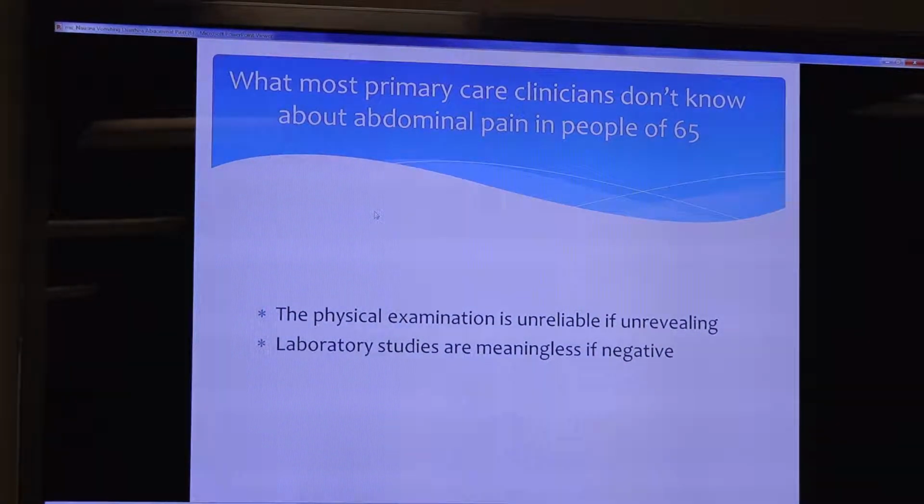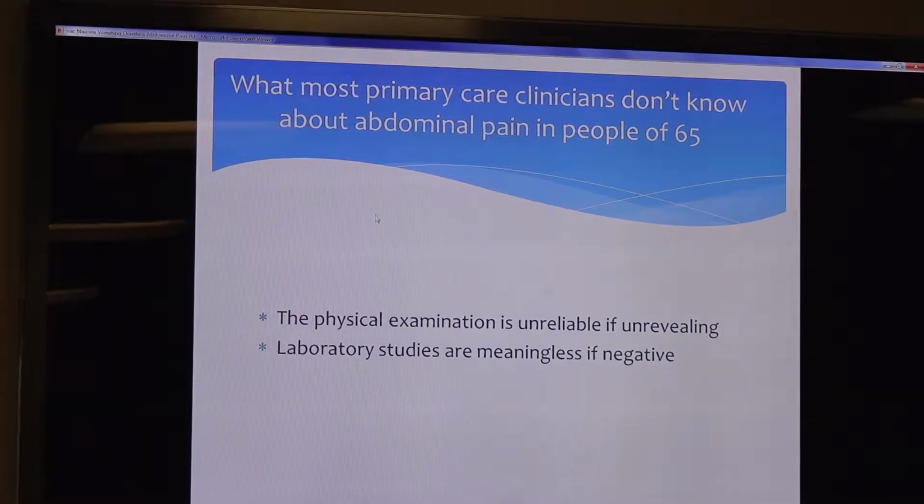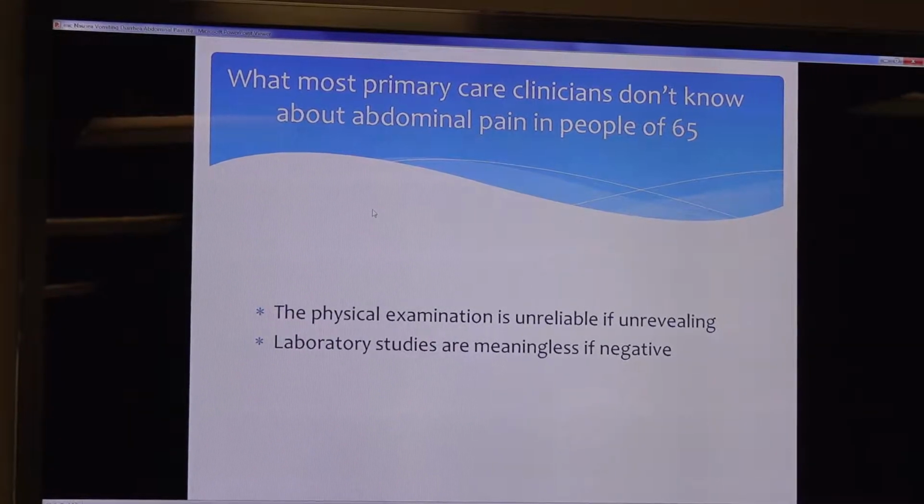Here's the caveat that we talked about a little bit in respiratory, but it's even more important in GI disease: you can't rely on the usual signs and symptoms with people over 65, because they don't respond 100% the way healthy young people respond.